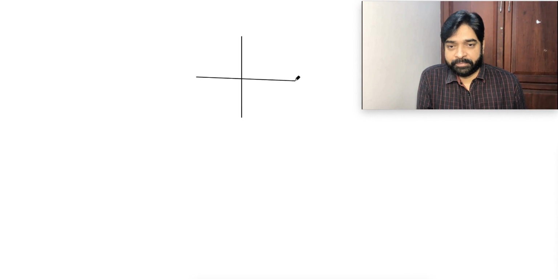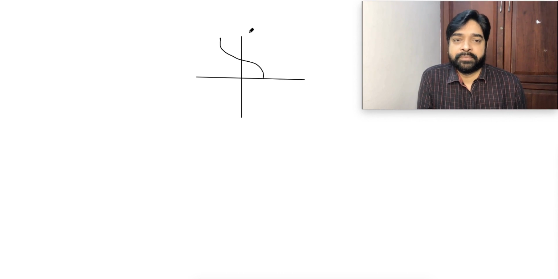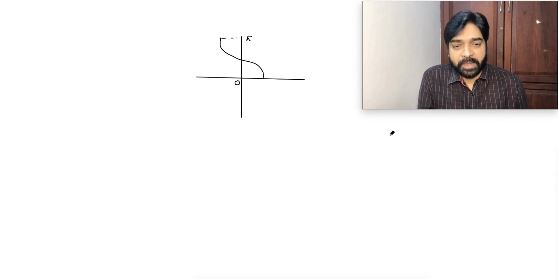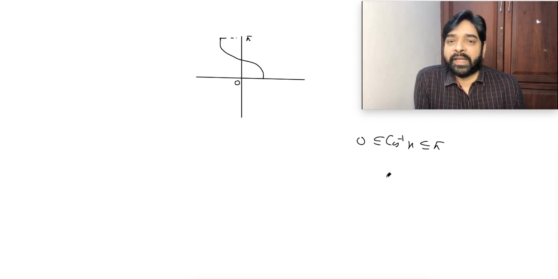If you remember, the cos inverse x graph used to be something like this. This point is pi, and this is 0. So cos inverse x always lies between 0 and pi.